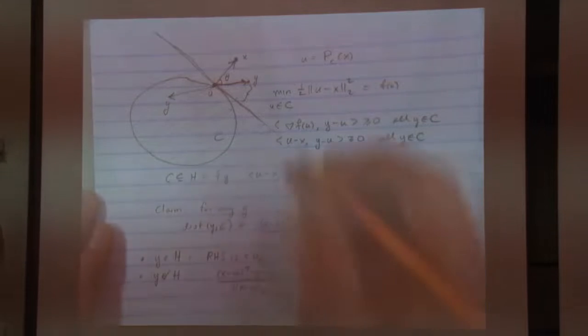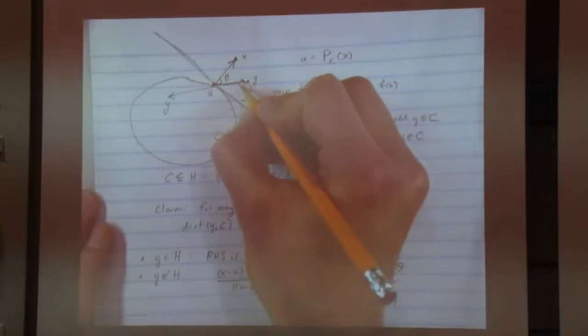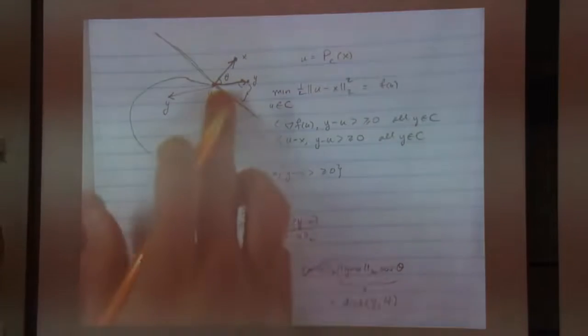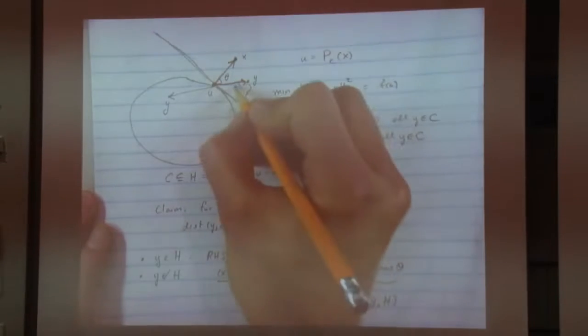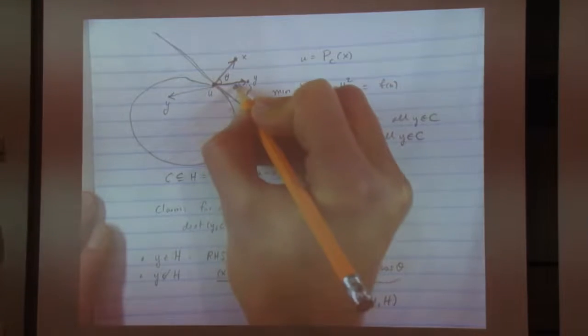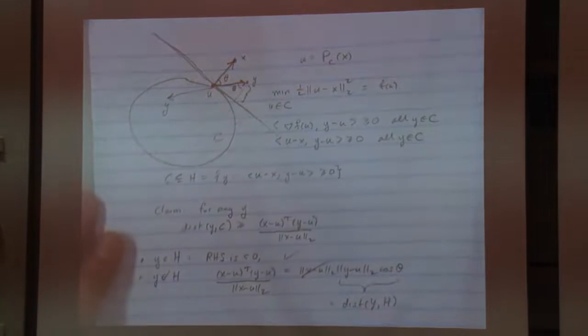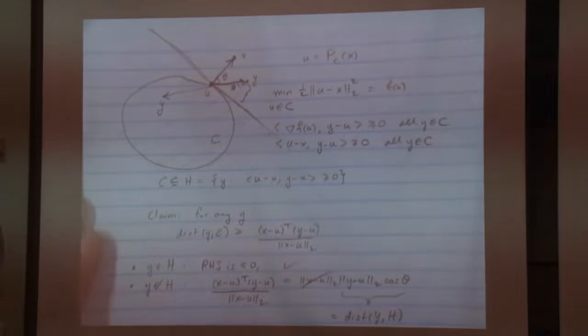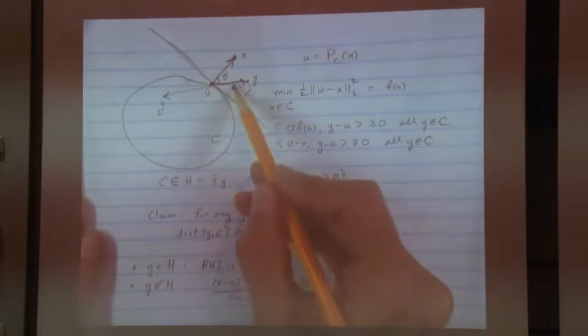From some of our basic geometry facts, you'd believe that this angle between y minus u and x minus u is the same as this angle. Right, you guys can all see that. And so what's the norm of y minus u times the cosine of theta?